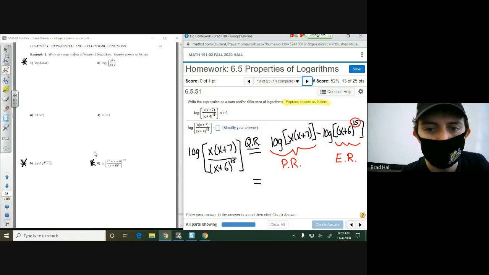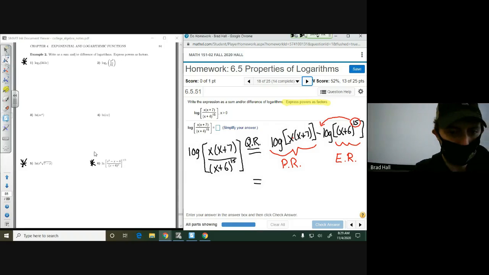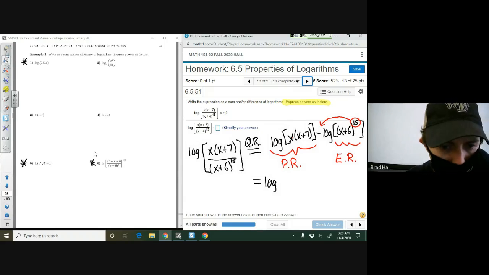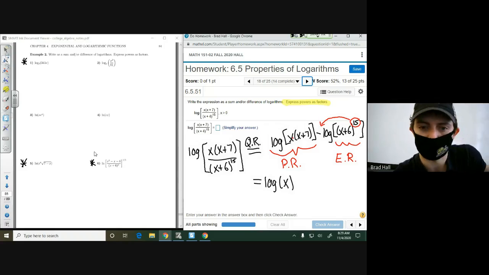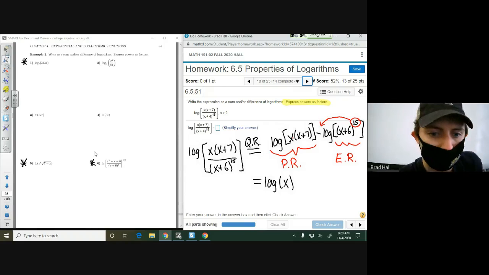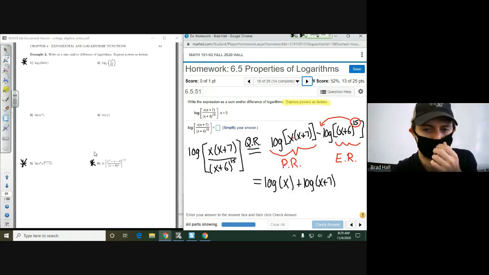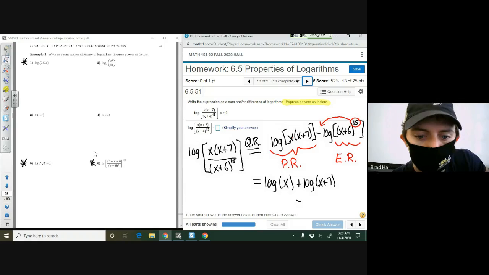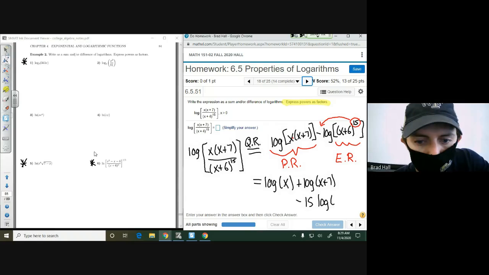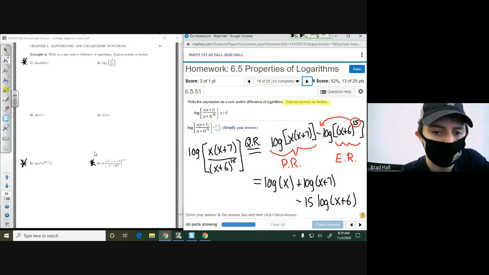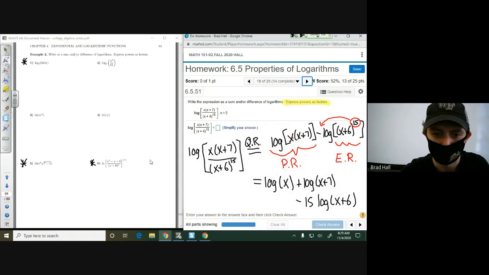There's the 15, which we can bring to the front of that corresponding logarithm. So the product rule tells us that we have log of x plus log of x plus 7. And then finally, minus 15, because we bring the 15 to the front, log of x plus 6. And that would be our answer, because there's no further way to simplify any of those expressions.